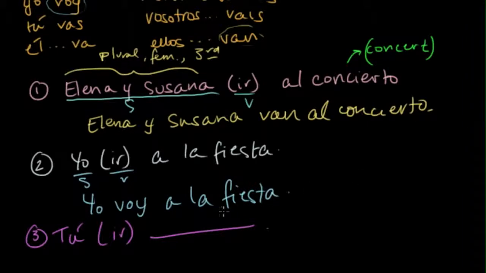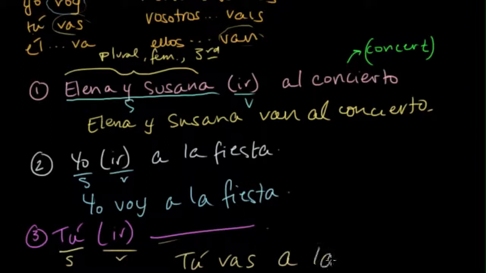Alright, in our final sentence, we have tú, verb ir, and then blank location. So, again, we have our subject, and it's already a subject pronoun, and we have our verb, so we just need to choose the proper conjugation, which for tú is vas. So we have tú vas, you go, and I'll say a la piscina, to the pool.